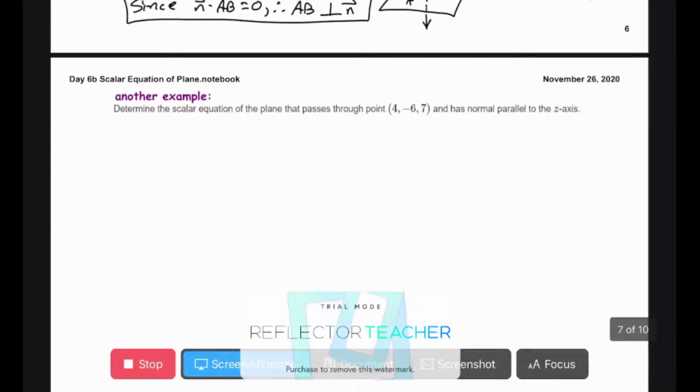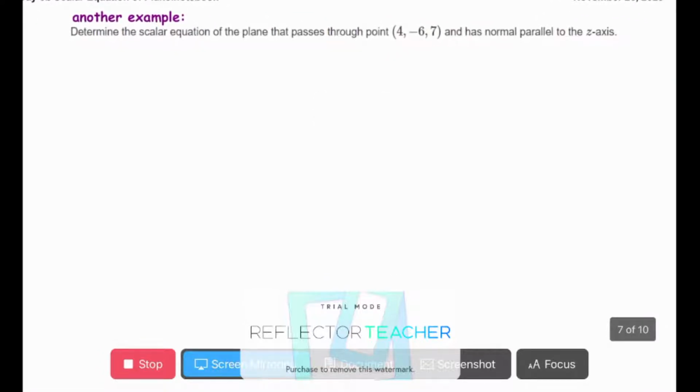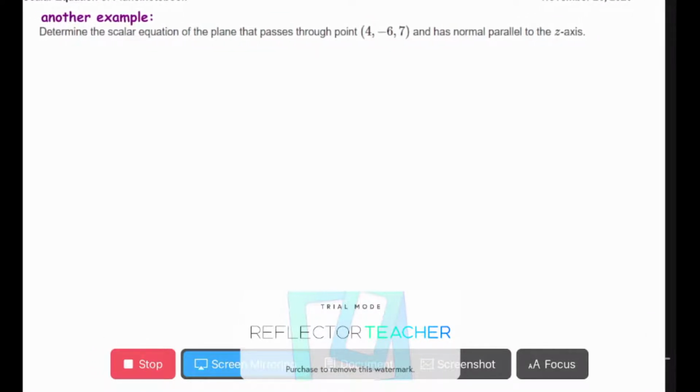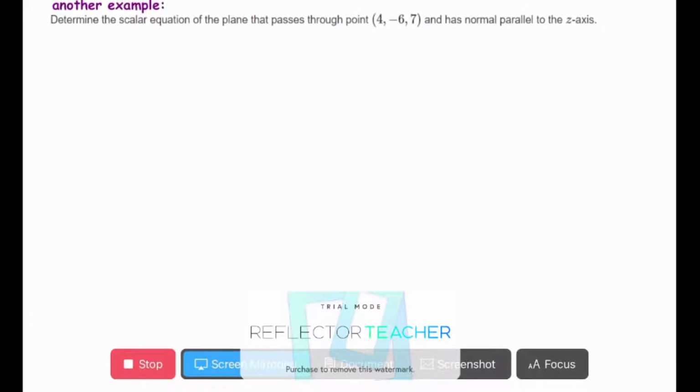All right, moving on. Another example. Determine the scalar equation of the plane that passes through point (4, -6, 7) and has a normal parallel to the z-axis. So once again, how are we going to do this? We're going to find our scalar equation, ax plus by plus cz plus d equal to 0. And what do we need?